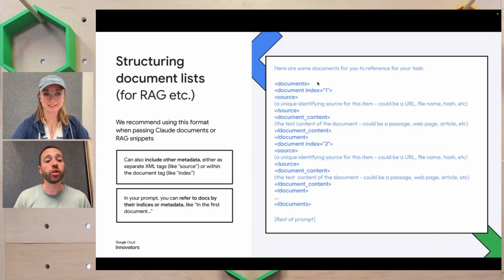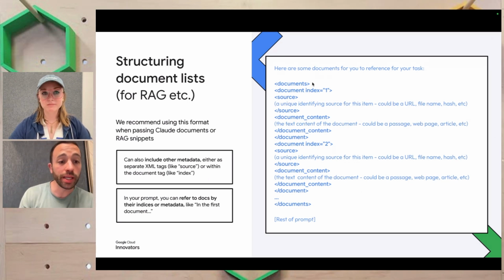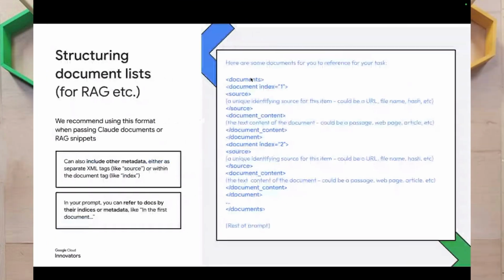When you have external documents and you feed them to Claude, the recommended format is to use XML tags: documents, and then inside have a document with a source and a document content. This sometimes takes a little bit of finagling or working with code on your end, but this is how Claude has been trained on many different kinds of documents with these particular tags.